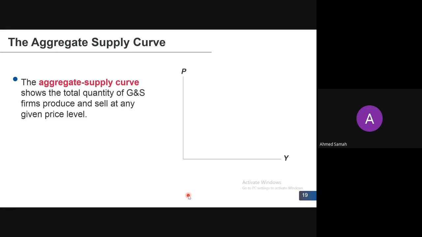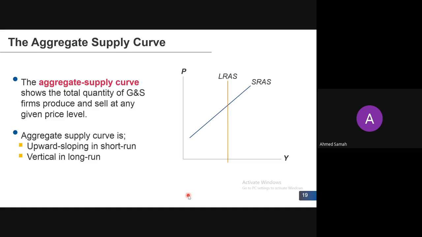So the aggregate supply curve is upward sloping in the short run, but it is vertical in the long run. We will talk about why it is upward sloping in the short run and why it is vertical in the long run as well.